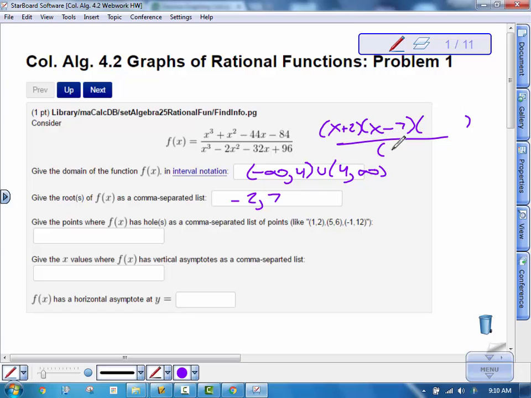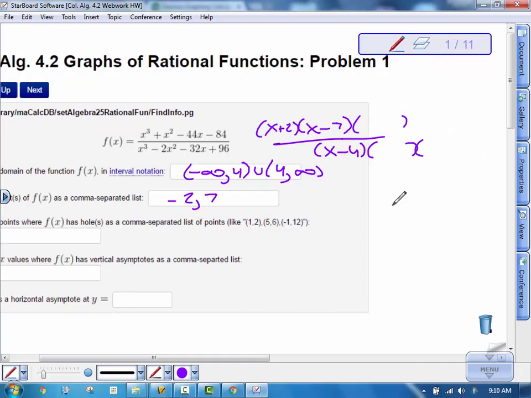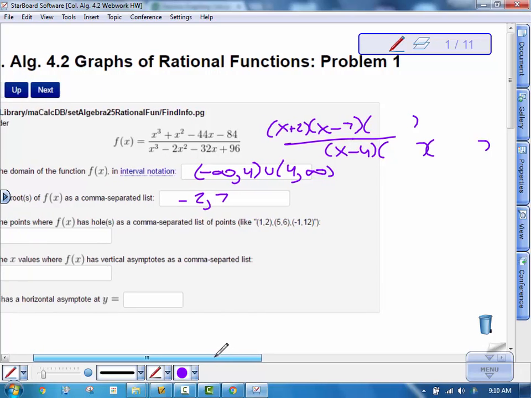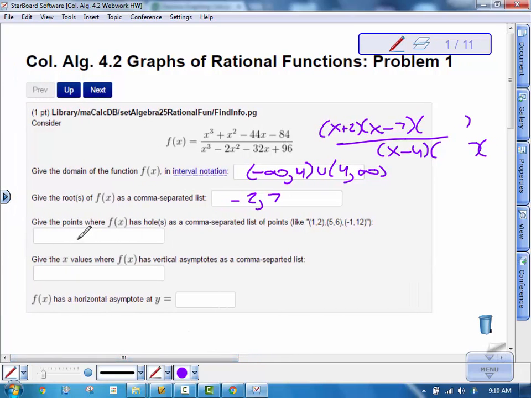We know one of the factors in the bottom is x minus 4. We don't know what the other two are, but we know that these aren't the same. If they were the same, then that would be a hole. But basically, we need to look for factors in the top and factors in the bottom that cancel, and those are our holes. So there are no holes in this one, so we can just say none for that.